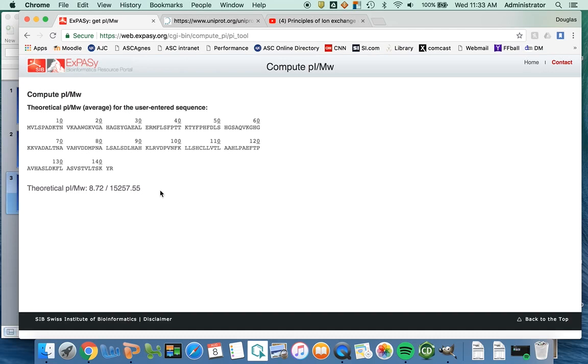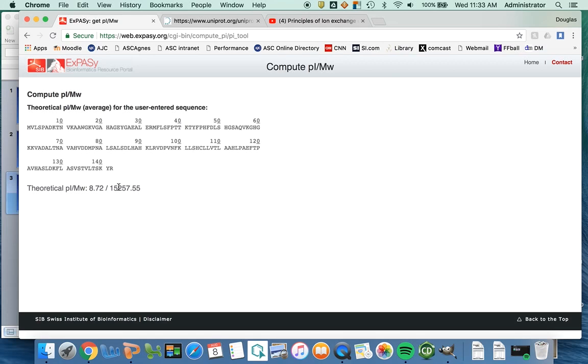We're used to thinking of molecular weight of atoms in introductory chemistry or in organic molecules as being in the hundreds maybe of grams per mole. When we've got big things like proteins, they're in the thousands of grams per mole. And this is a really kind of small protein anyway. It's only 142 amino acids, and it's got a small molecular weight of 15,000 grams per mole.